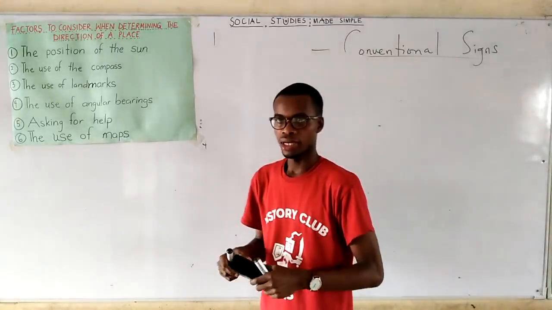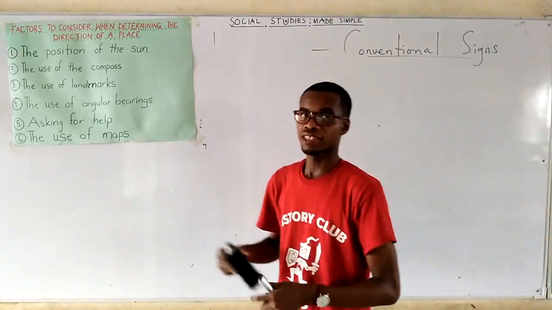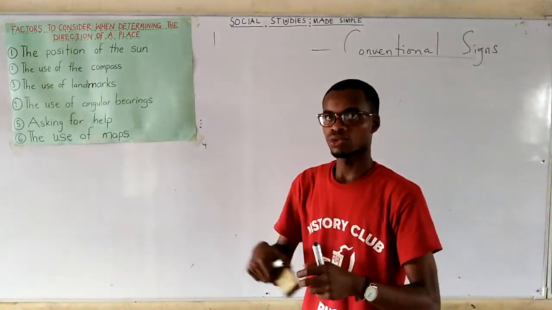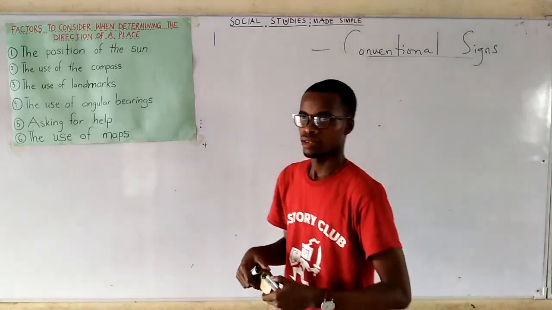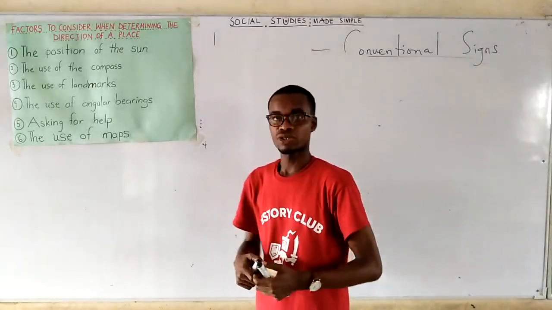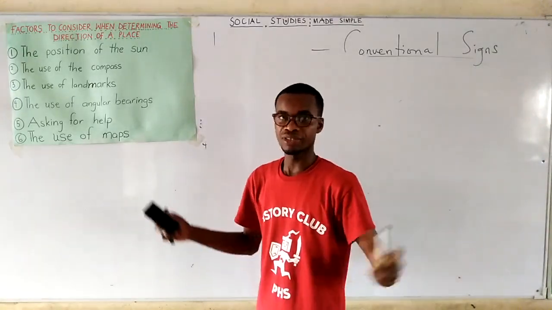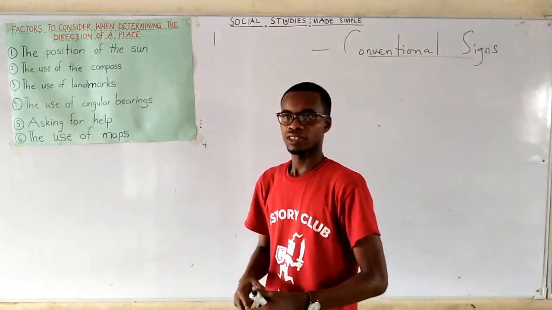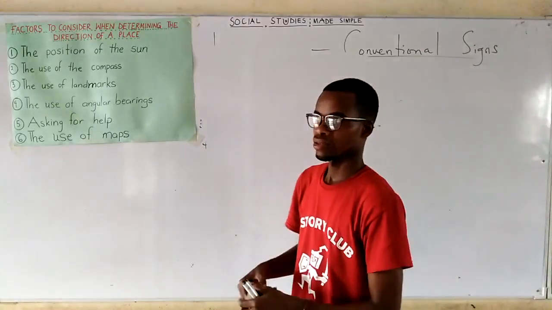They are very helpful, and I'm sure there are some of them you've already identified in your area that you can actually use to direct someone to wherever you are living. I think you realize they are helpful now. So always be conscious of what you find around you in your environment. It could be a big tree, it could be a very huge facility, a hotel, or an organization.